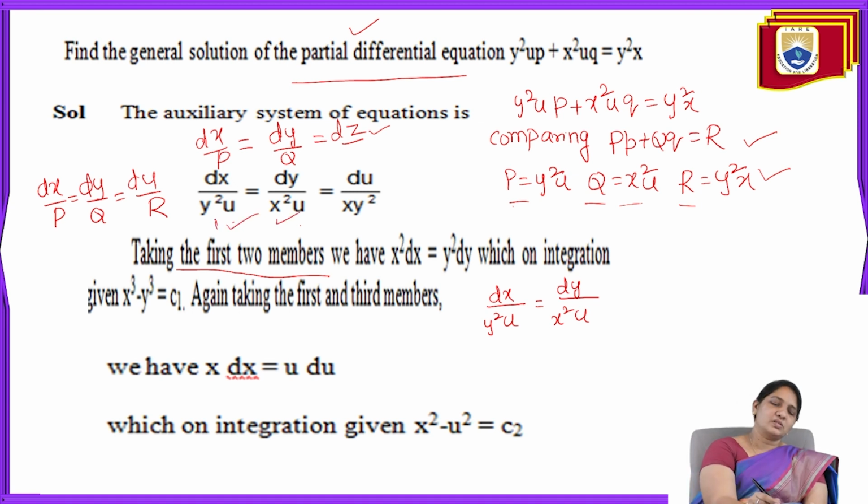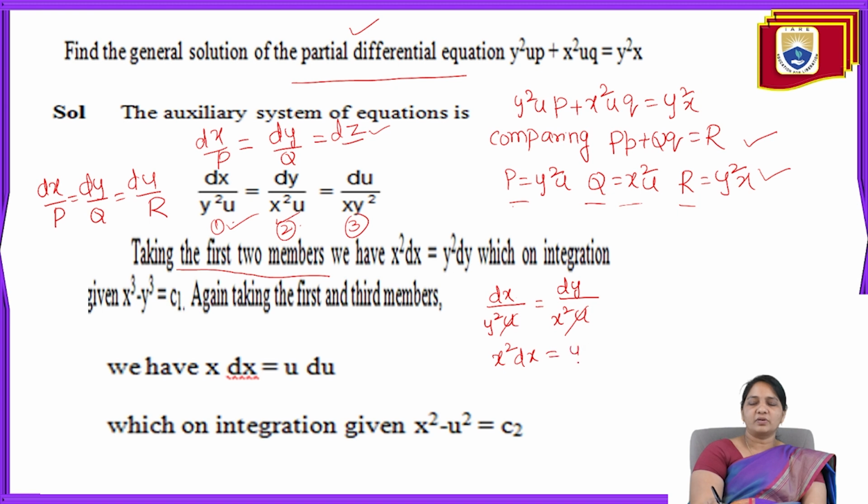I am taking here the first two members, dx by y square u equal to dy by x square u. u will be cancelled here. Taking cross multiplication, x square dx equal to y square dy. Now integrating on both sides, integral x square dx equal to integral y square dy. Integral x square is x cube by 3, and here y cube by 3 plus some constant.